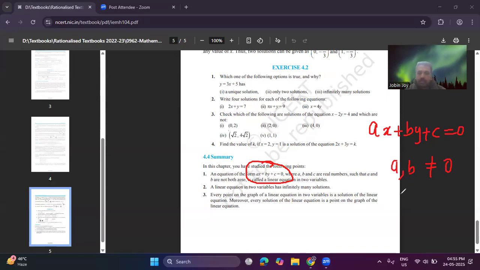Very important. And a linear equation in two variables has infinitely many solutions. So we calculated two solutions, four solutions of different linear equations in two variables.